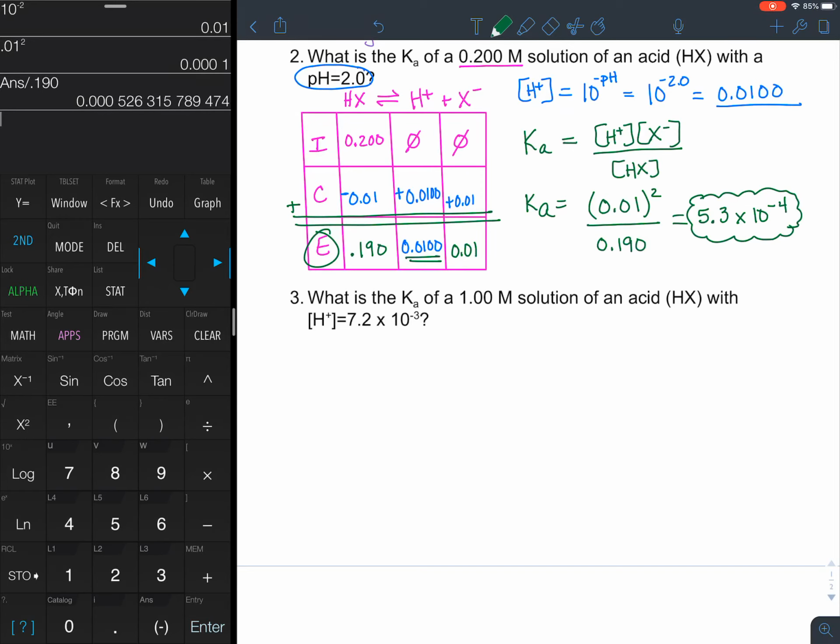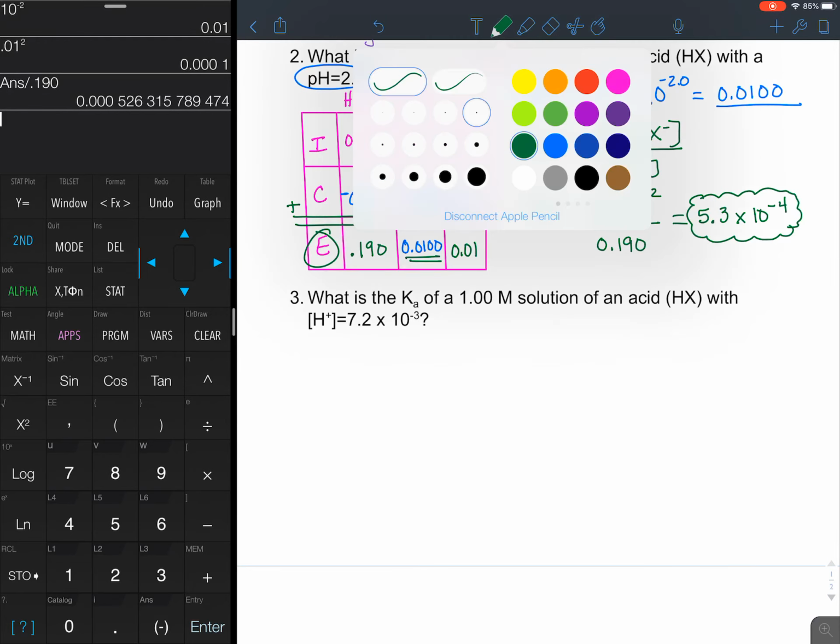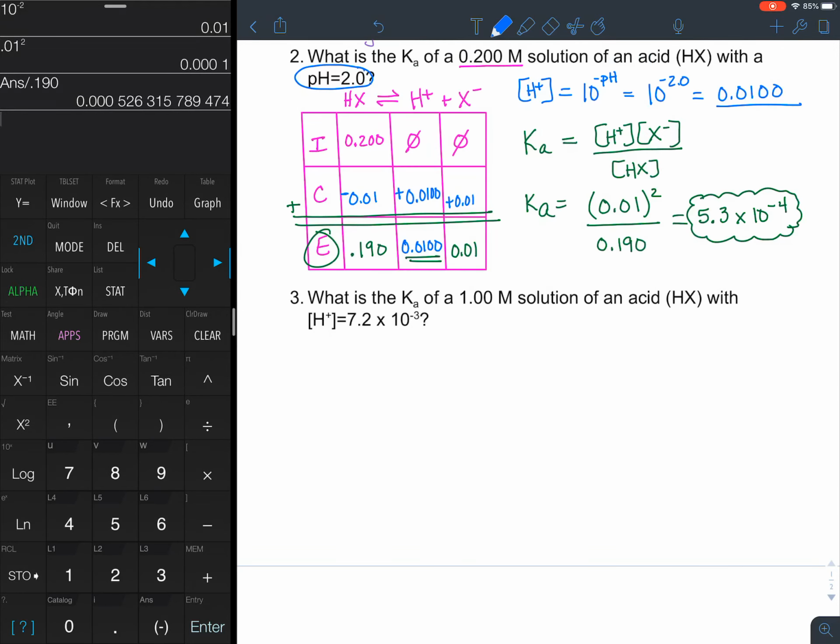Let's go ahead and do one more of these. And so in number 3, you'll notice that they actually already gave us the concentration of hydrogen ions, so we don't have to do that step that we did in number 2 to go from pH into concentration of hydrogen ions. It's already done for us because we have hydrogen ion concentration. So that makes this one pretty nice to work out.